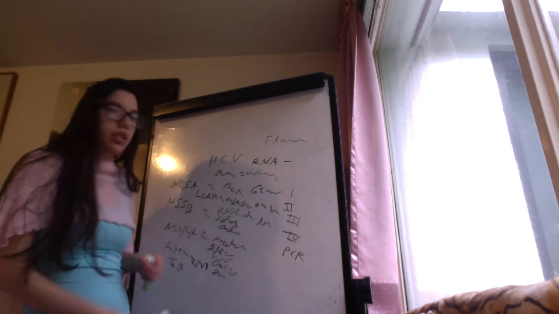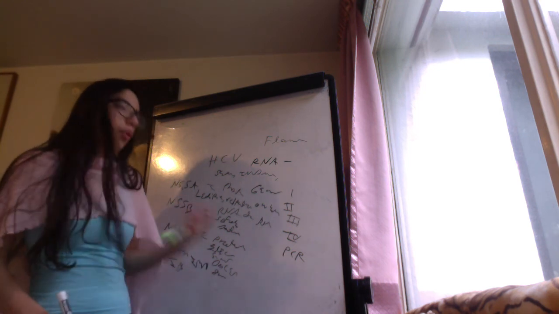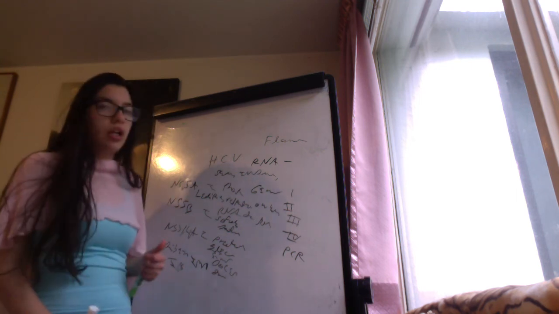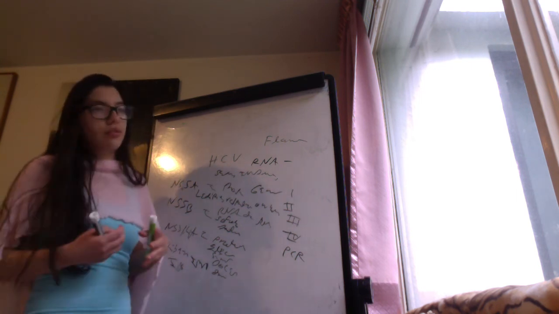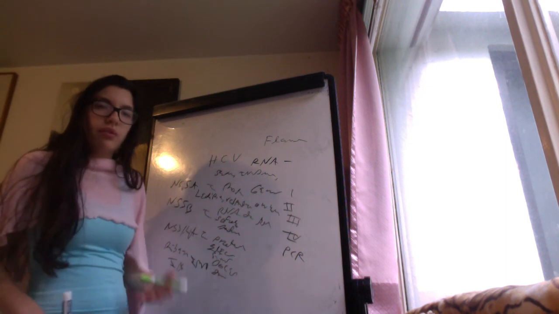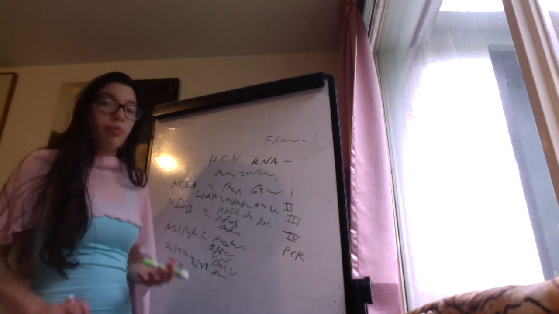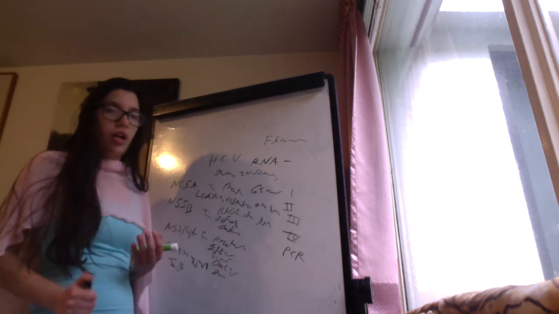Ribavirin inhibits inosine monophosphate dehydrogenase, an enzyme that is involved in the synthesis of guanine. And the interferon has a lot of annoying adverse effects like depression, but the depression could be life-threatening. So for that we give selective serotonin reuptake inhibitors.